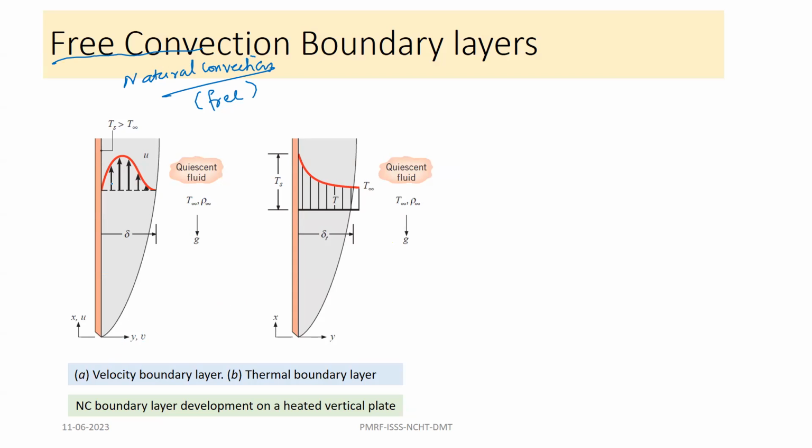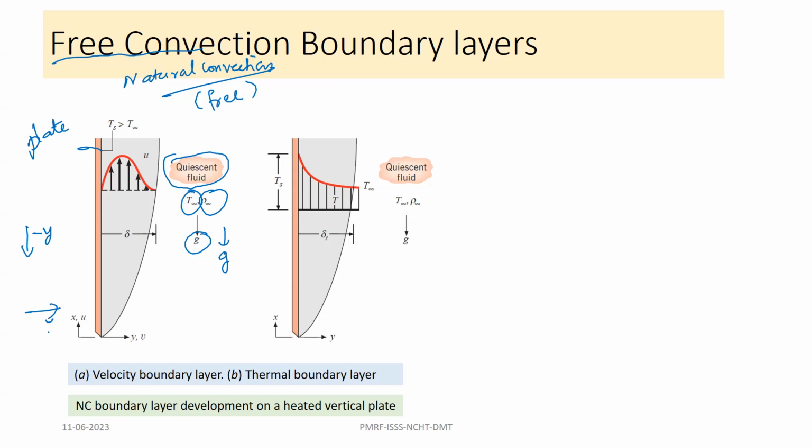So you can see there is a plate here. Maybe it can be a heated plate, and the outside fluid, which is our ambient condition, has a temperature T infinity and density rho infinity. There is gravity acting in the negative y direction.